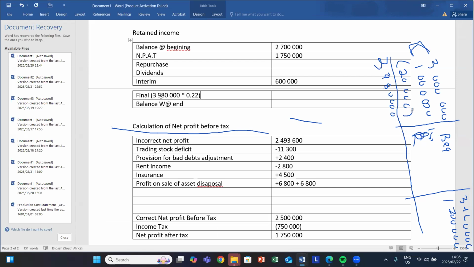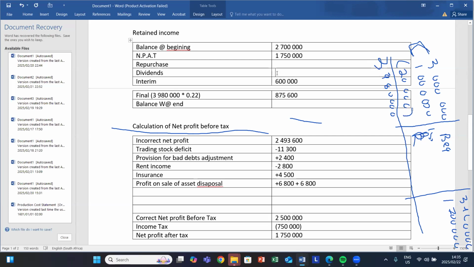You understand it, right? Everything is clear on why we use that value. Okay, and then our final dividends will amount to 875,600.